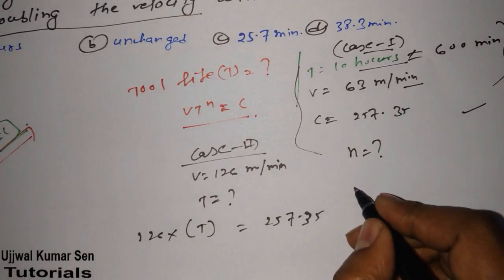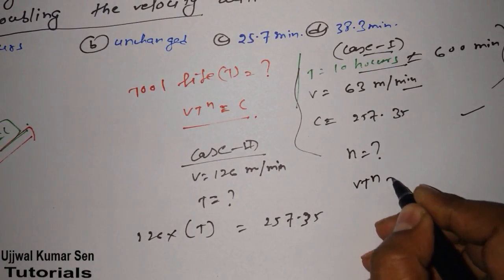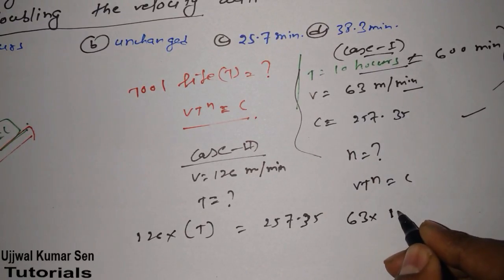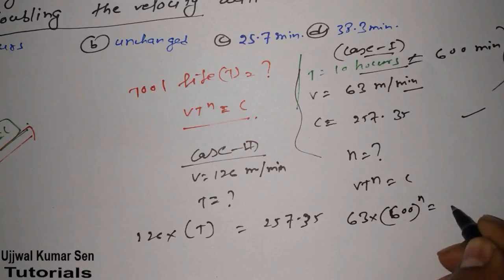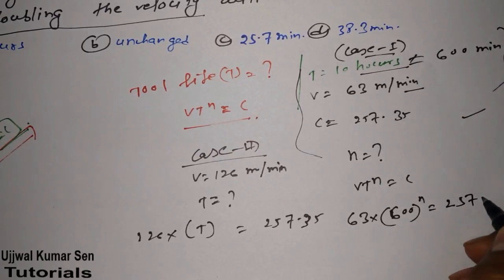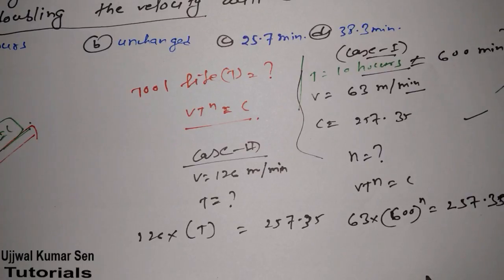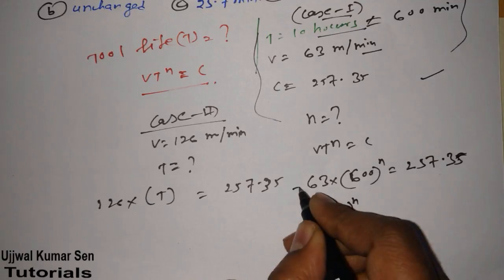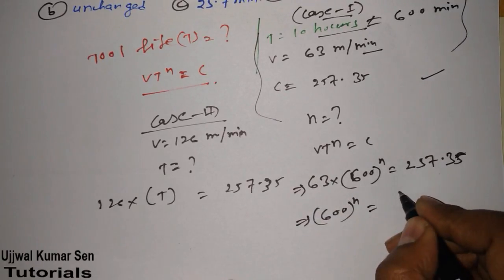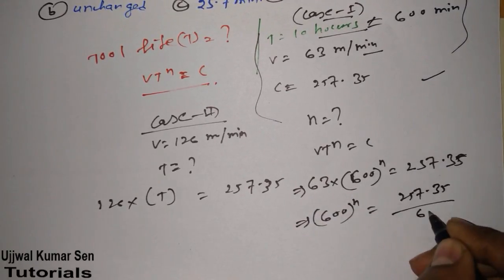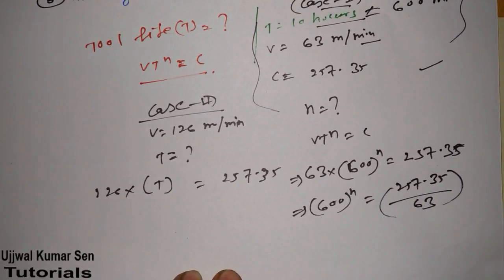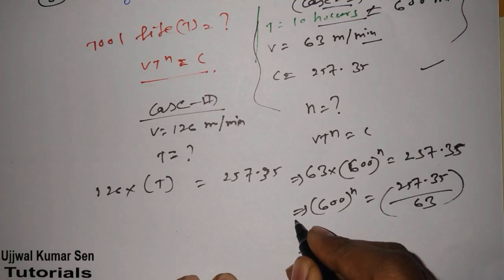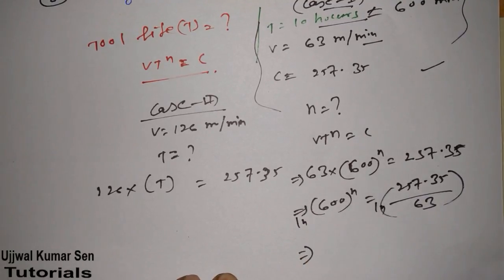Now I again use that equation, V T to the power n is equal to constant. V is 63 here, T is 600 minutes to the power n, equal to 257.35. I have to find n. So I will send 63 to that side: 600 to the power n is equal to 257.35 by 63. Now I can do the calculation, but I am applying log on both sides.